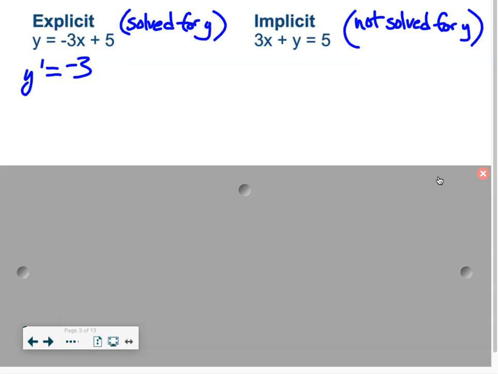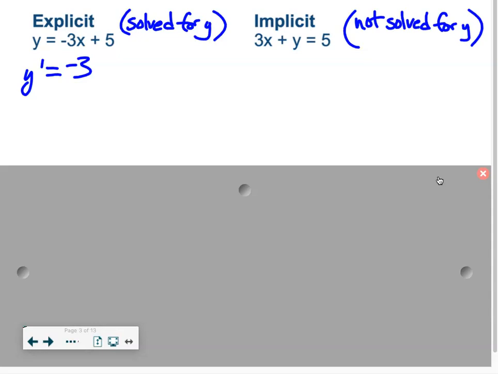So what you guys have been doing all along is you think that y prime is just the name of your answer. It's not. That's the derivative of the left-hand side. What you've been doing all along is differentiating both sides. It's just that every function we gave you was explicitly defined, so the derivative of y was always just y prime, or dy dx, right?